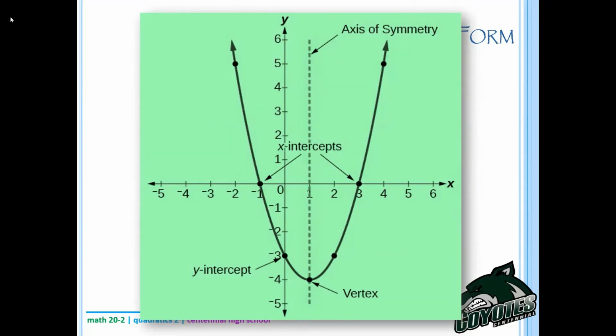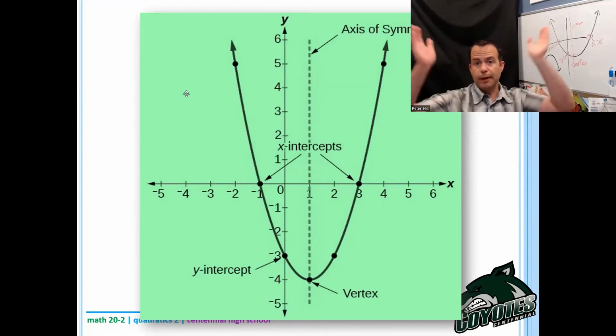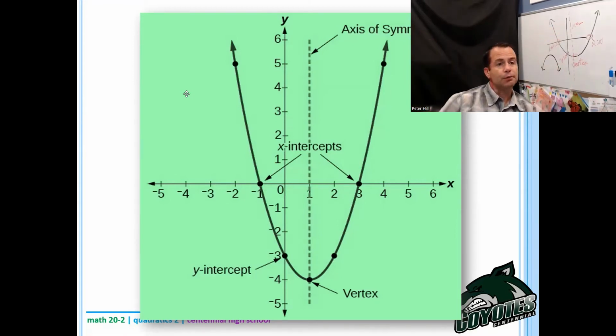Okay, the domain of all quadratics will be x's, remember the reals, because they move left and right forever. And then the range of all quadratics just depends on whether the graph is opening up or down. If the graph is opening up, it'll be greater than whatever the bottom is. And if the graph is opening down, it'll be less than whatever the bottom is. Okay, or sorry, less than whatever the top is.